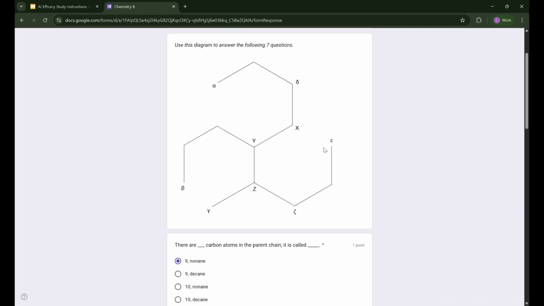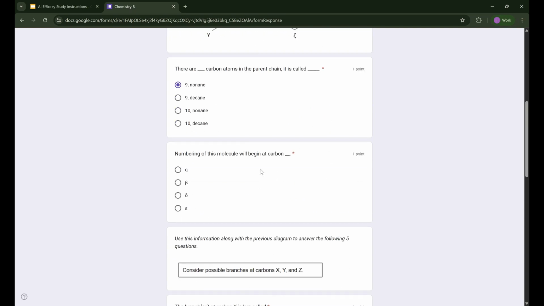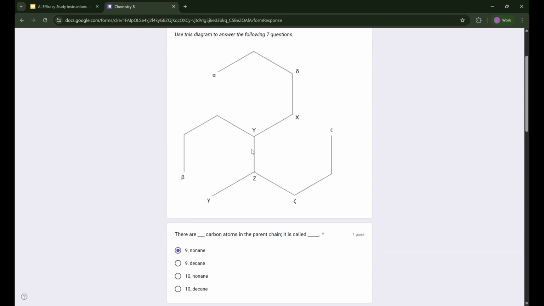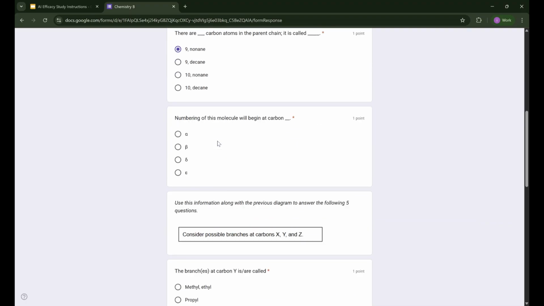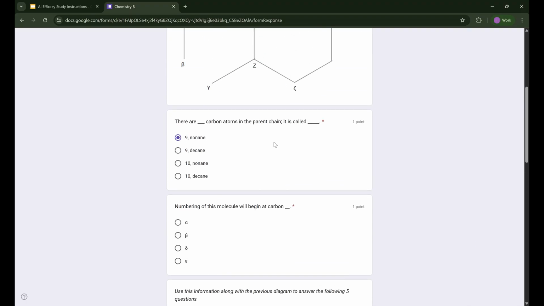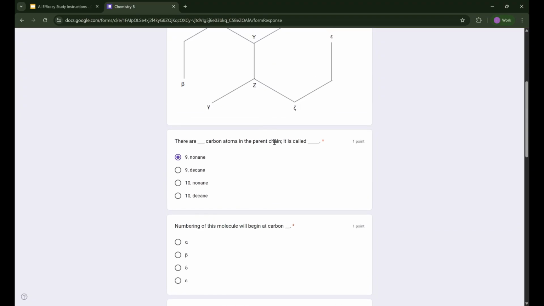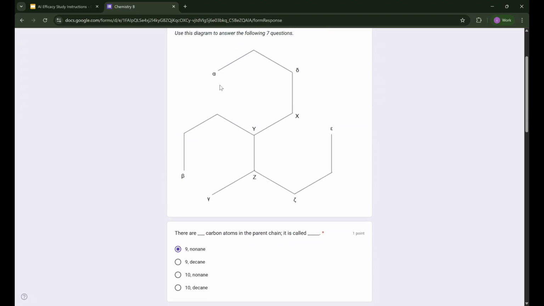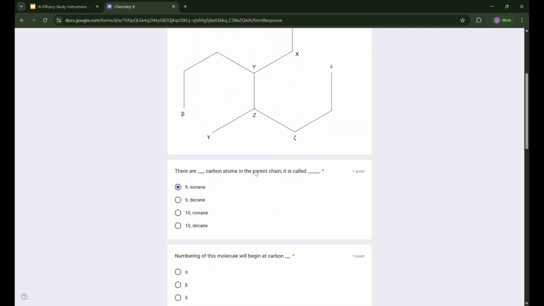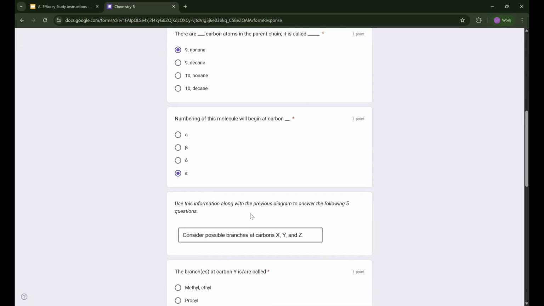So you're looking for the closest with these side chains, and this was the parent chain. And you want the one that's closest. So let's see, 1, 2, 3, 4, 5. 1, 2, 3, 4. Okay, so I think it's this one here.